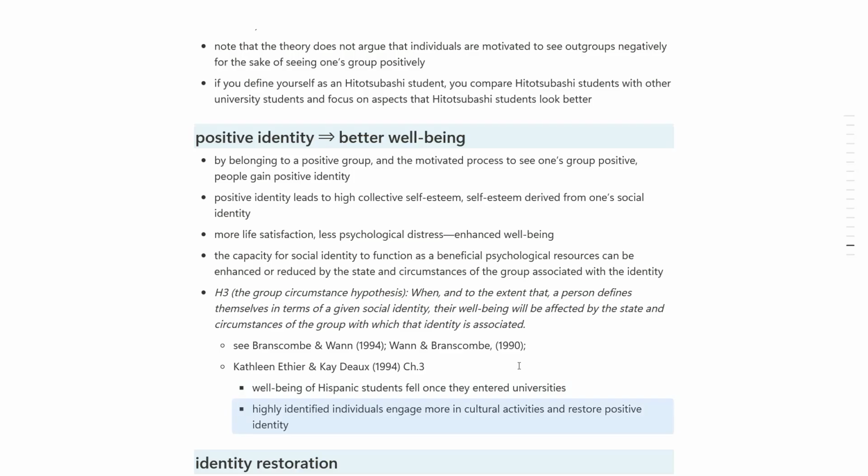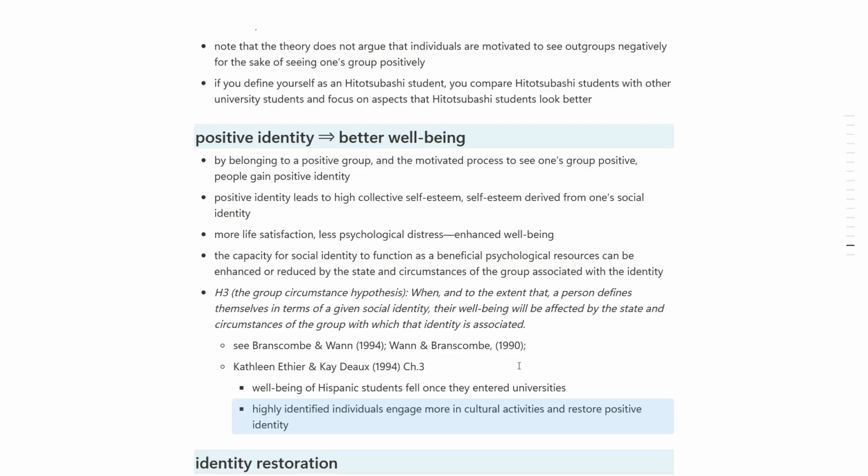But highly identified individuals engage in more cultural activities and restore positive identity. I said that in hypothesis 2, the more you identify with the group, the more likely you are to be affected by the standing of the group.